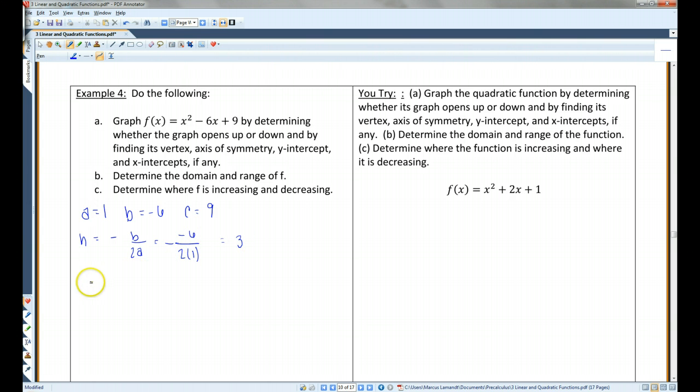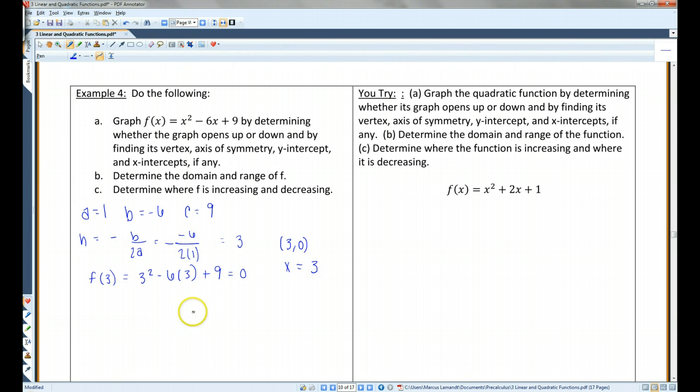When you plug in 3, you end up with 3 squared minus 6 times 3 plus 9, which gives us 0. So 3, 0 is the vertex, and the axis of symmetry is x equals 3.